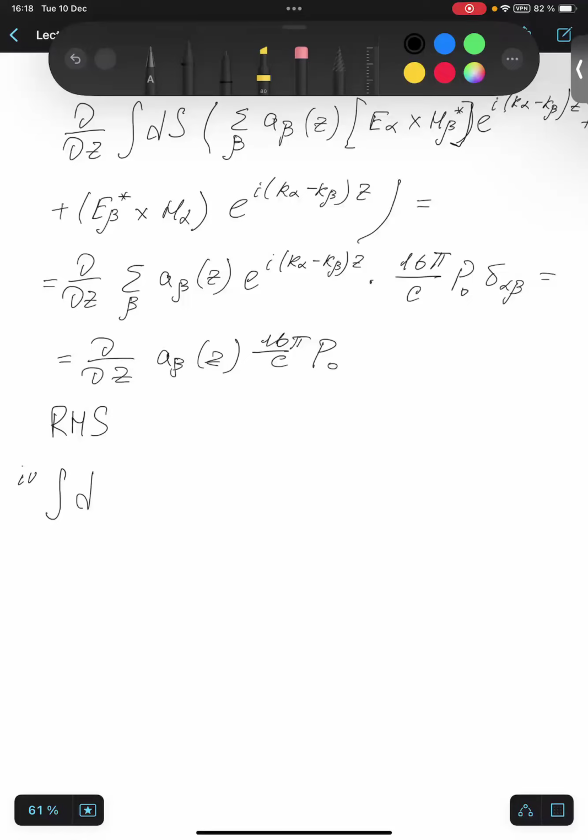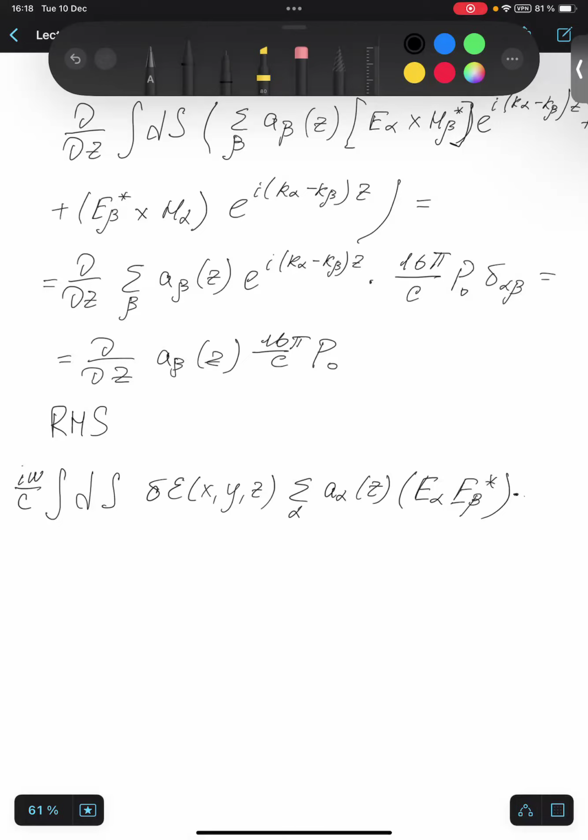I will write i omega over c in front of the integral ds, our delta epsilon, and here some A alpha(z), also E alpha E beta conjugated.